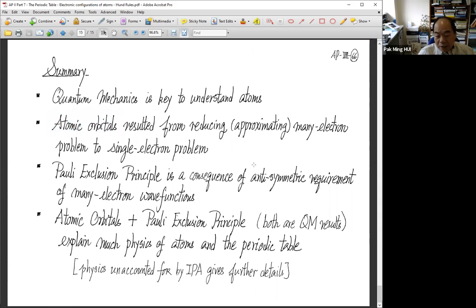Then we discussed the antisymmetric requirement of many-electron wave functions, and the byproduct is your old friend the Pauli exclusion principle. By putting these two big quantum ideas together, we have the periodic table and understanding of the physics of all the atoms.